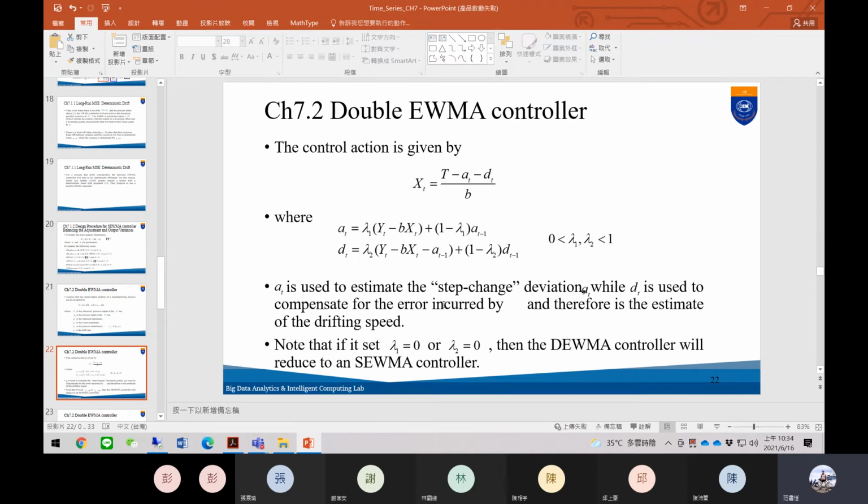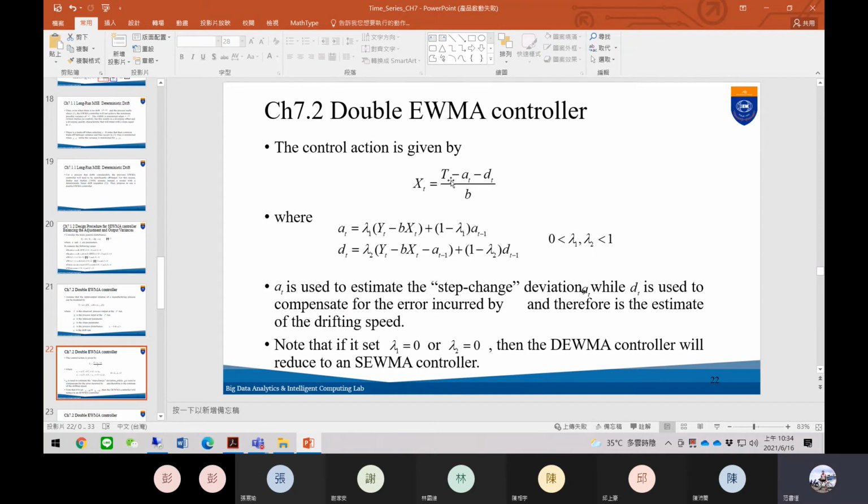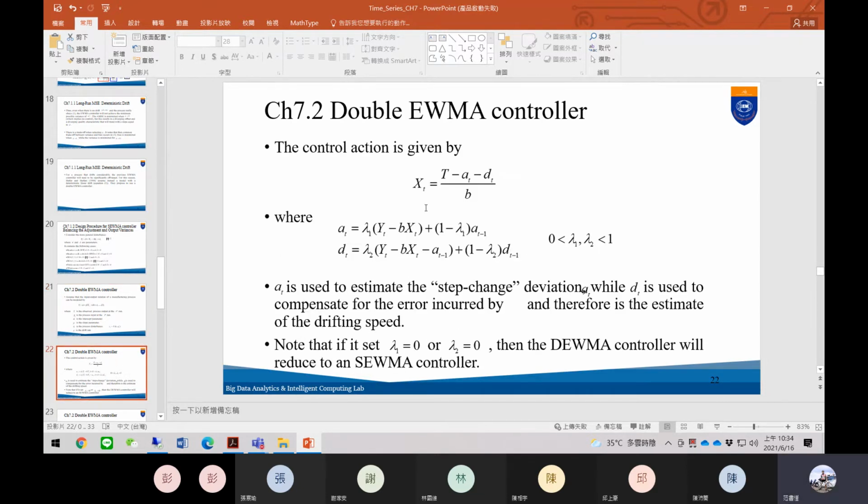So for the control action, if we don't look into epsilon t, we move alpha t, beta, and delta t. Target minus alpha t minus delta t, divided by beta, equals the xt. This is the first equation, the recursive equation for alpha t, the process offset.